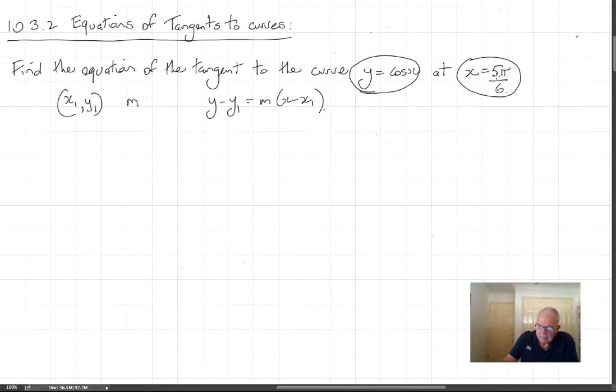Well, x1 is 5π/6. So when x equals 5π/6, y equals cos x, and y equals cos of 5π/6. Now this goes back to the unit circle, and it means we need to know what the cos of 5π/6 is.